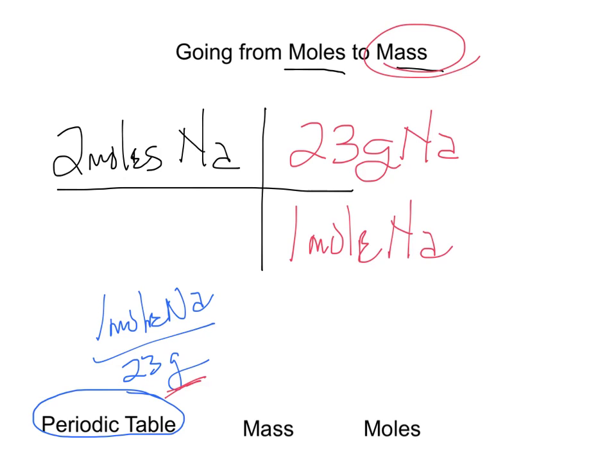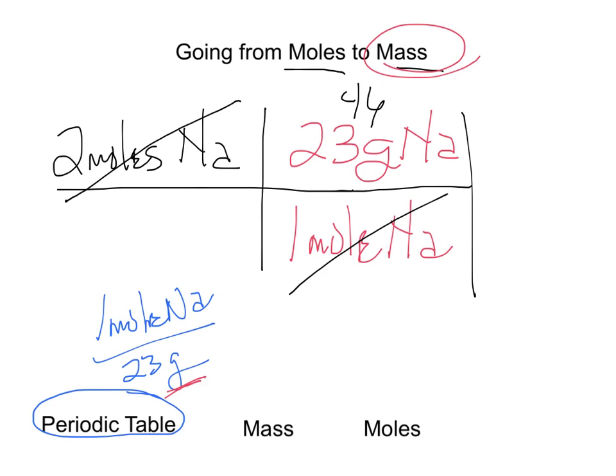Now that I know where I want to go, then I would cancel out like terms, moles of sodium, and then do the math. 2 times 23 is 46. 46 divided by 1 is 46. What units are left? Grams of sodium. So this is the way I would go back in the other direction.